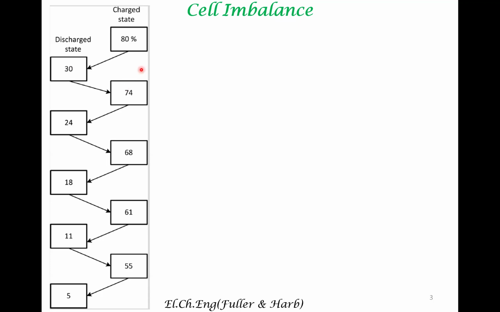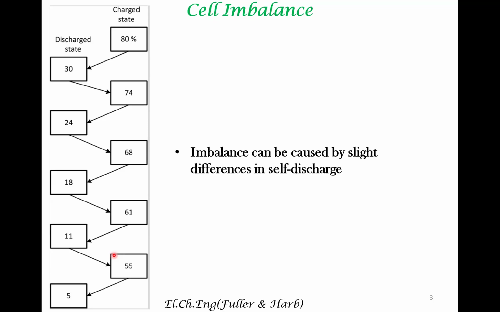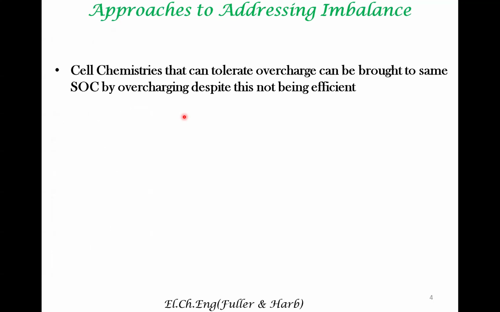But in one of the cells, if it behaves in this manner, there is cell imbalance. There are many reasons for cell imbalance. Even a slight difference in self-discharge might also give rise to a different state of charge in a battery. So when they're all in series, this creates a lot of issues. So this is what we mean by cell imbalance amongst the cells that are in series.